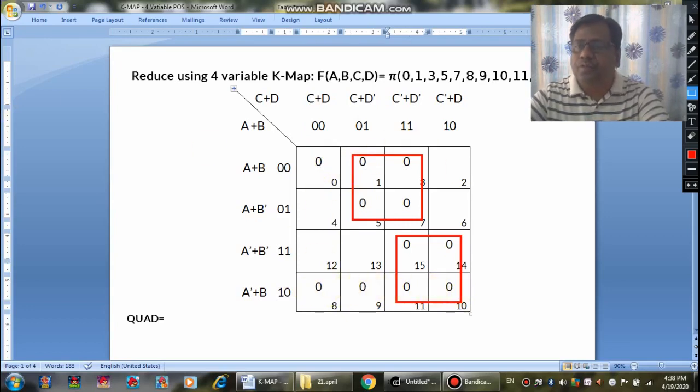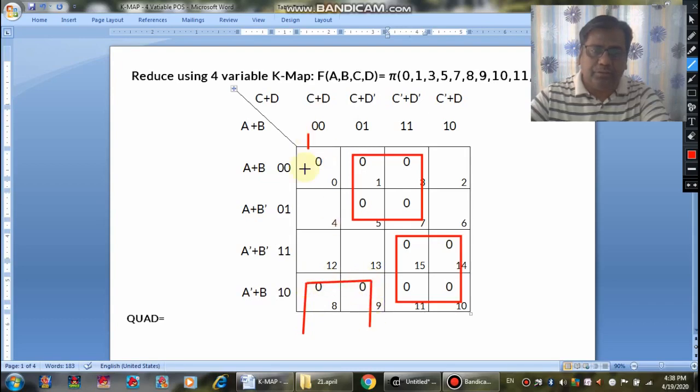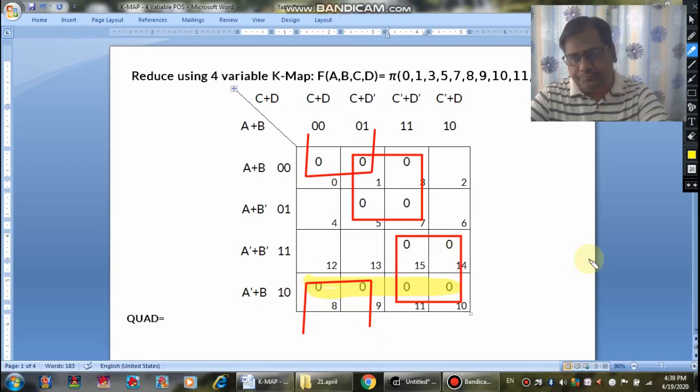Let's see how. First I am going to create the quad by the help of map rolling. This is what I have rolled the map. This is your map rolling. Now if we have created this group and we create this as well, then this will become a redundant group. And we are not supposed to create a redundant group in our K-map.